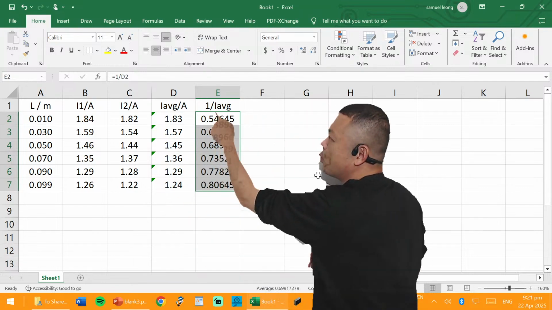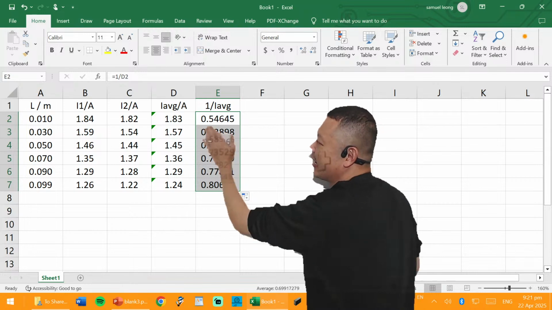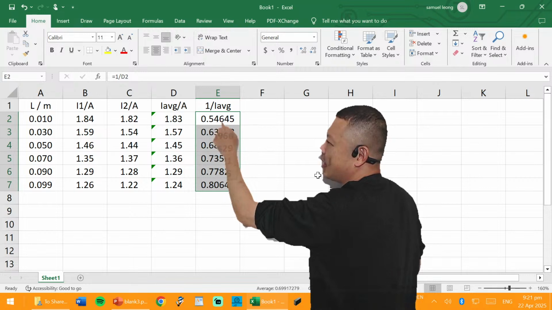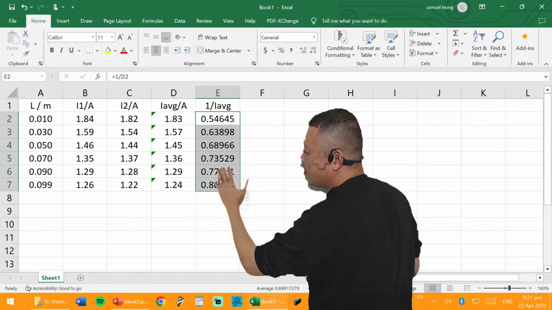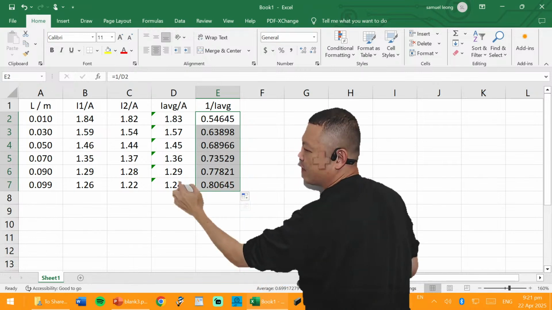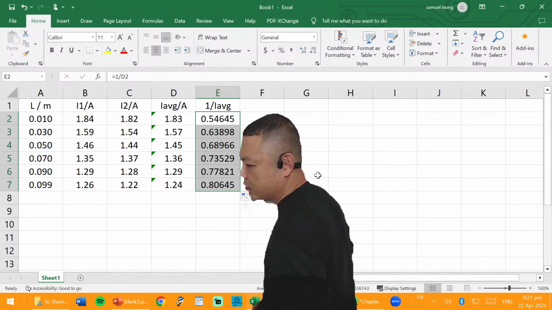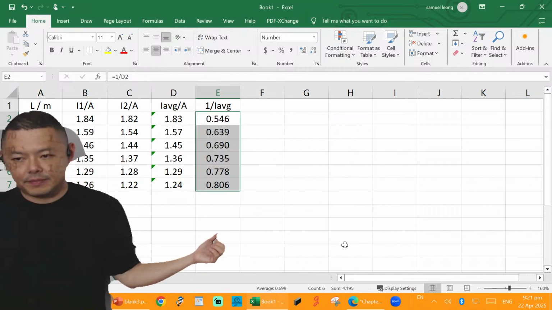But when we do 1 over I average, it is not directly related anymore. So it becomes a division rule: whatever value you get at the end must follow the same sig fig as your original data, which is 3 significant figures. So I round this all to 3 SF, playing with the decimals.